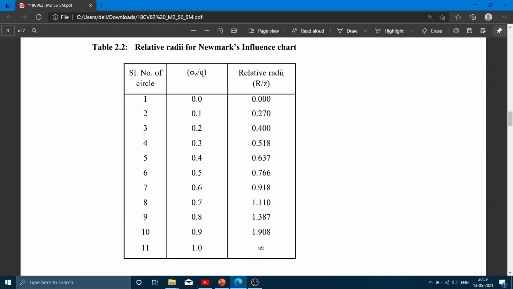A typical tabulation of r by z and sigma z by q values is shown for the interval of 0.1, so the table is as shown in the notes.